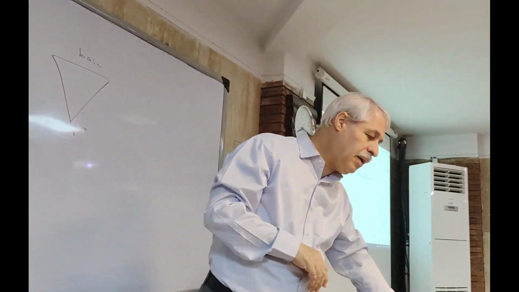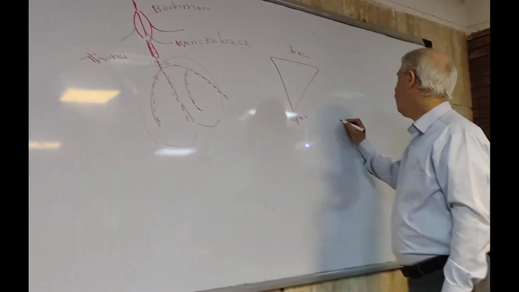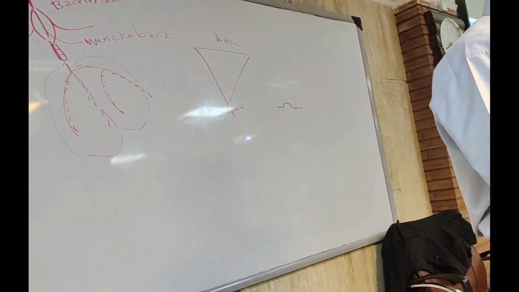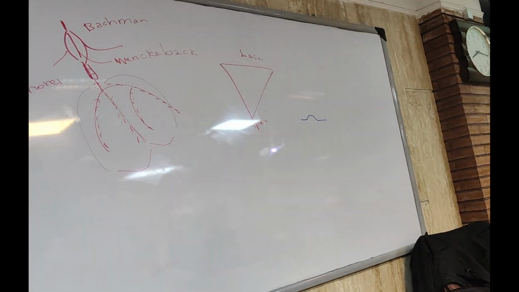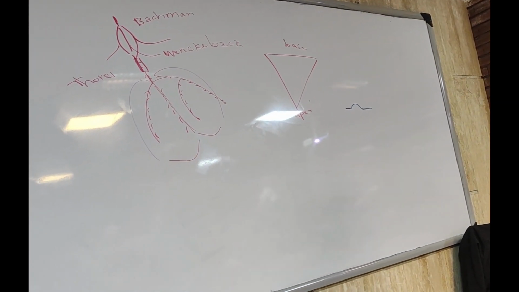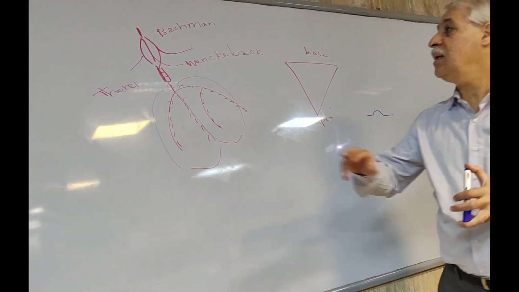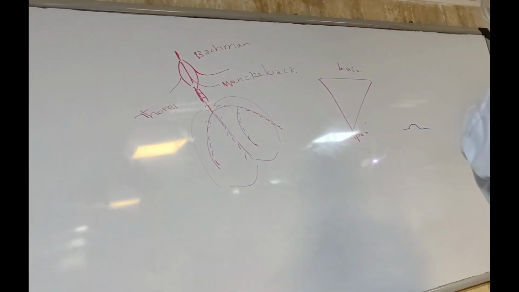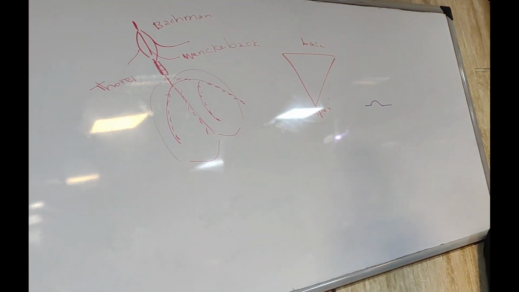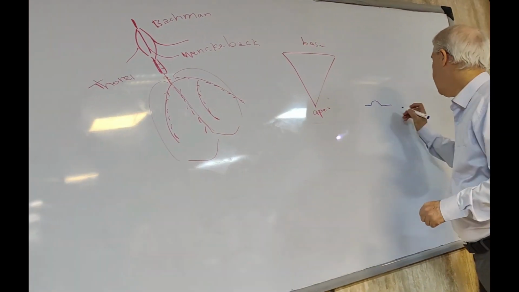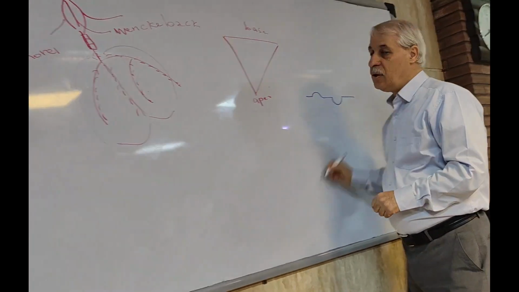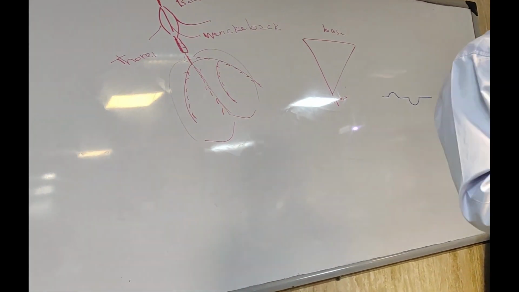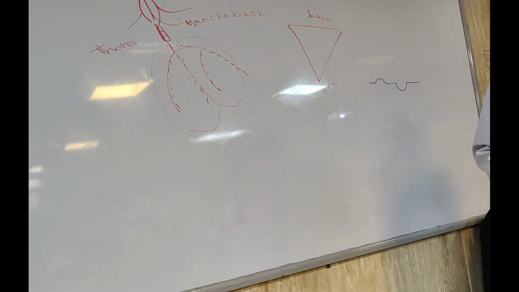That is why we have a round P wave. Then, atrial repolarization cannot be seen in normal electrocardiography. The first part depolarized in the atria is the first part that is repolarized. So, you have P and then an atrial T, which cannot be seen in normal electrocardiography.